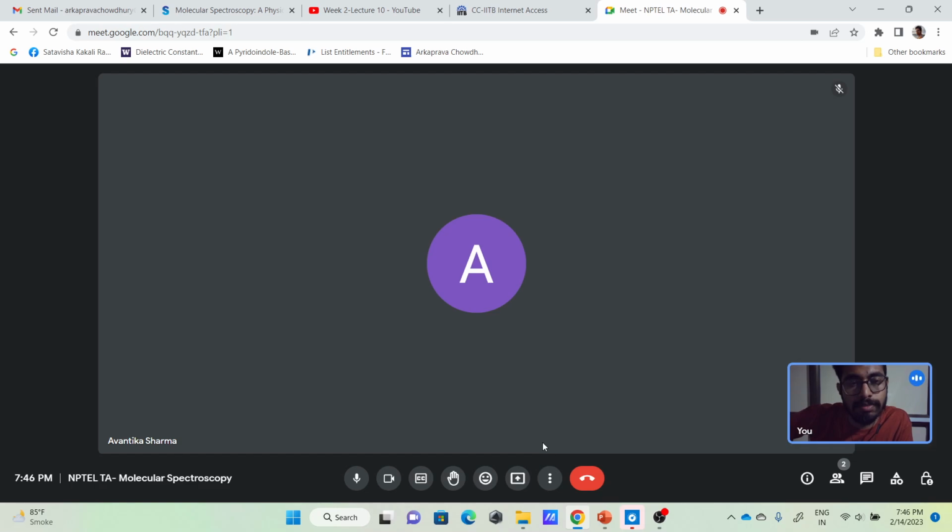That is the Seebeck effect. I think the Peltier effect is the reverse of this. If you apply some current, then there will be a temperature difference, right? And do you know this?